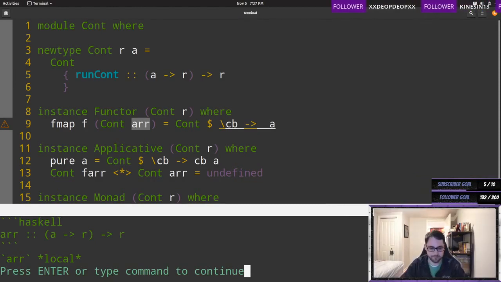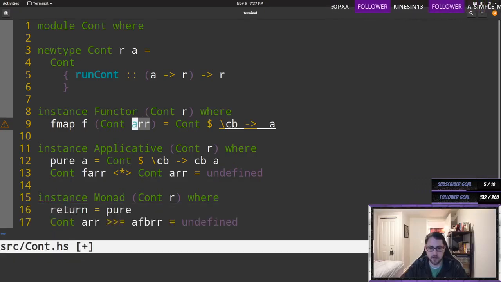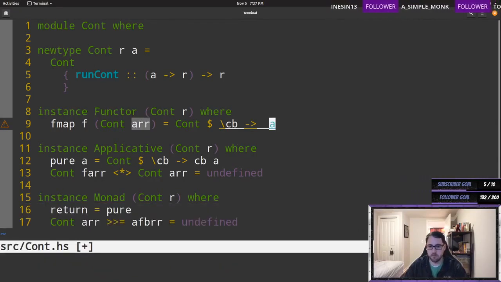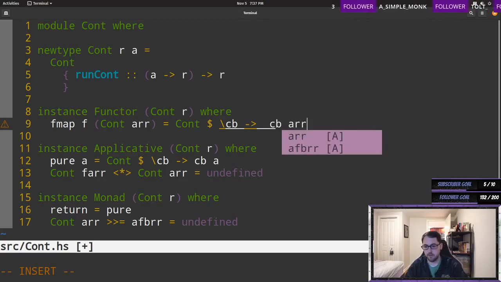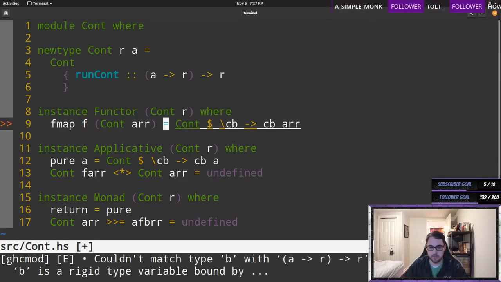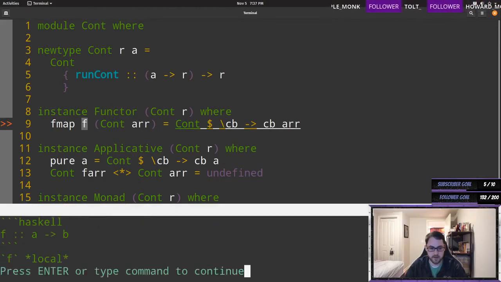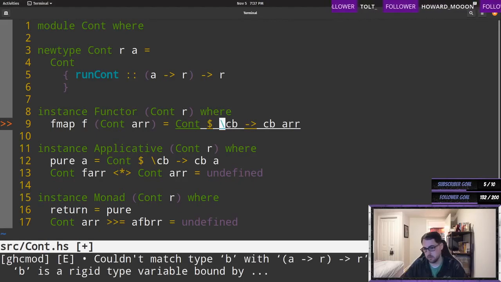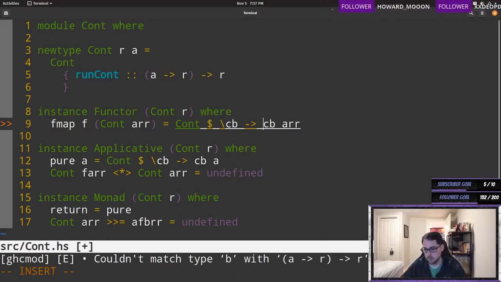Well, we need an A to R, which is our callback. So 100% you need to write this. And then the other thing is you need to deal with this F, which gives you an A to B. How do we deal with this?